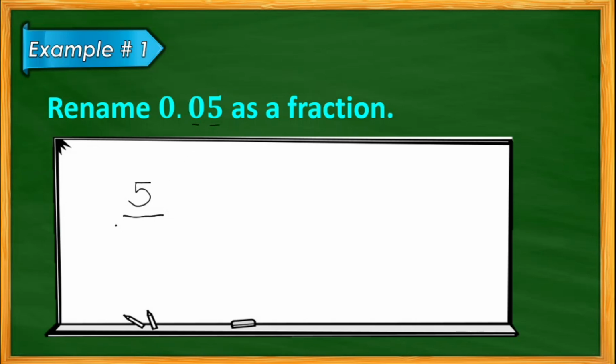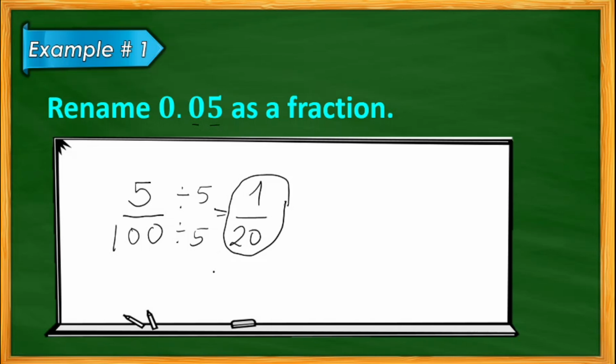But take note, you're going to simplify your answer. So the common factor of 5 and 100 is 5. 5 divided by 5 is 1. And then 100 divided by 5 is 20. So this would be the final answer.